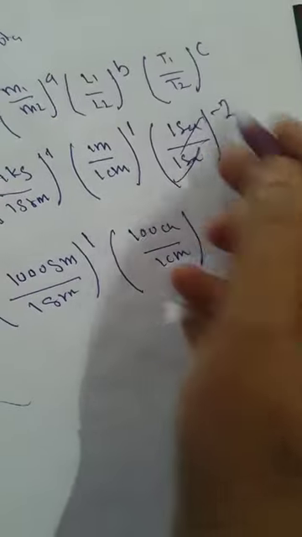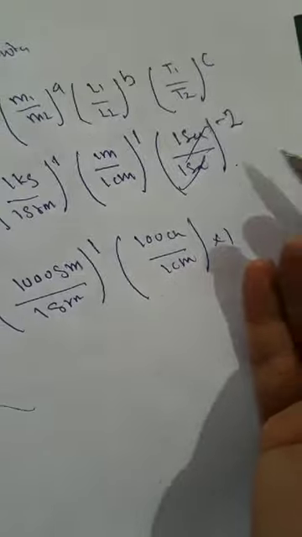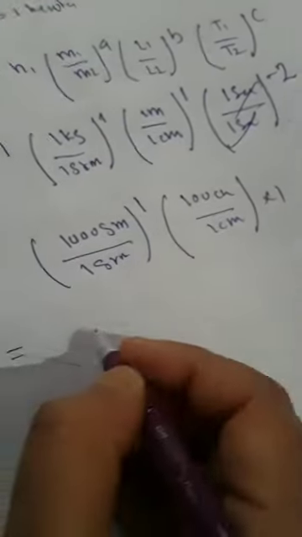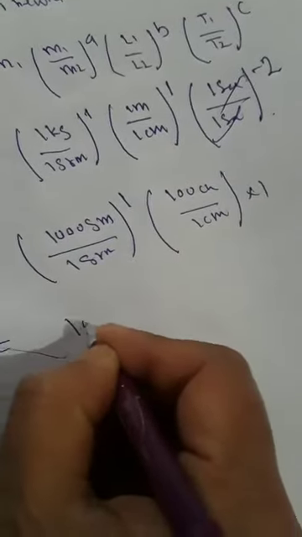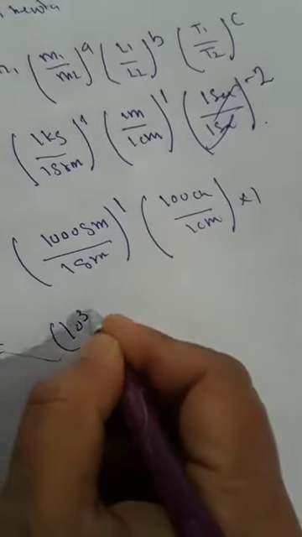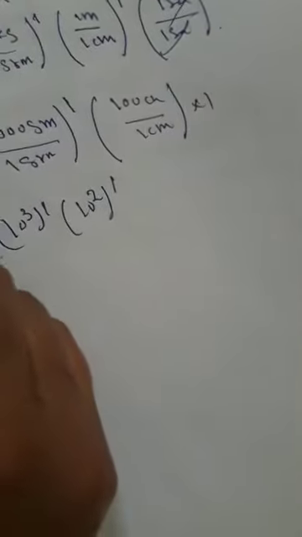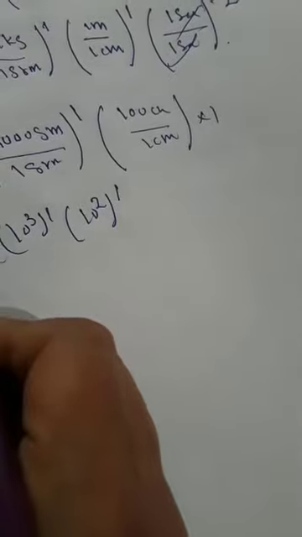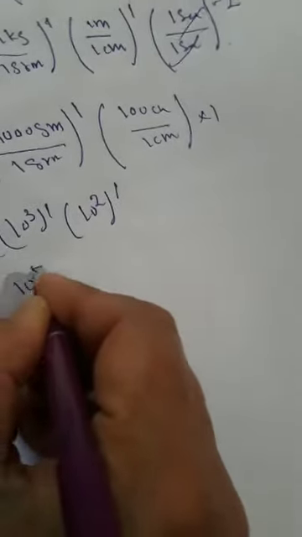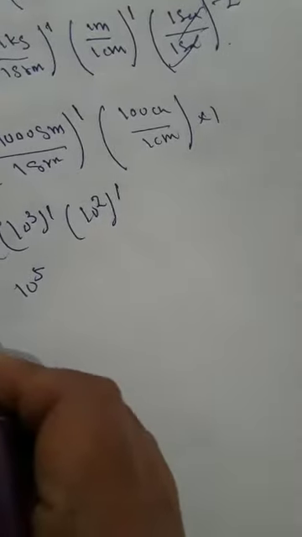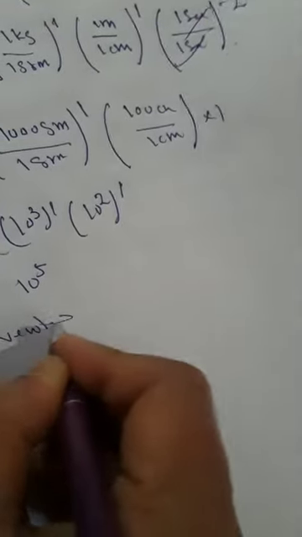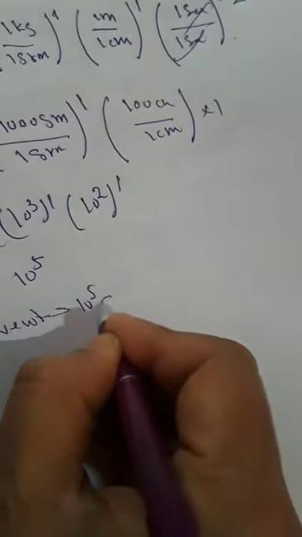Second raised to the power minus 2, that is just 1. If we bring it down, plus 2, that is 1. It can be written as 10 raised to the power 3 gram, gram cancels, raised to the power 1, 10 square centimeter raised to the power 1. Bases are the same, powers are added. Ultimately we get 10 raised to the power 5. Therefore 1 Newton is equal to 10 raised to the power 5 dyne.